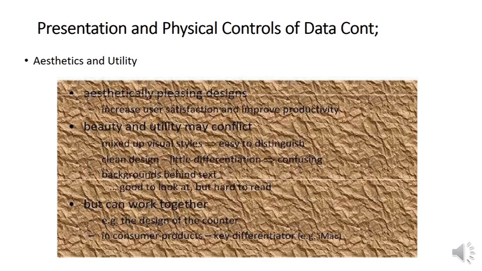Clean design with little differentiation is confusing, such as a background behind text. It is good to look at but hard to read, but the two can work together, for example in the design of counter-to-consumer products, with key differentiation, for example, a mark.